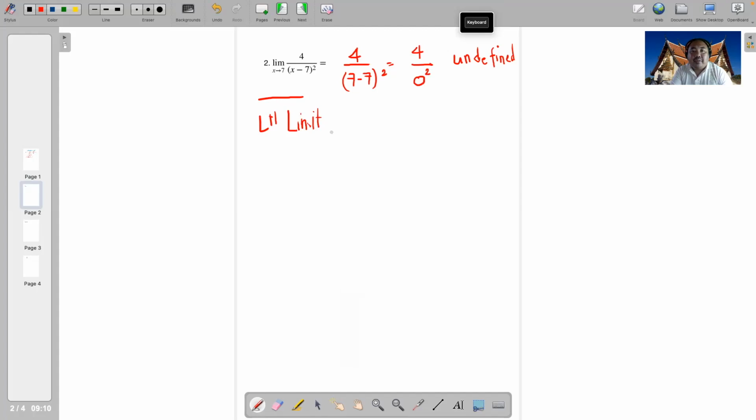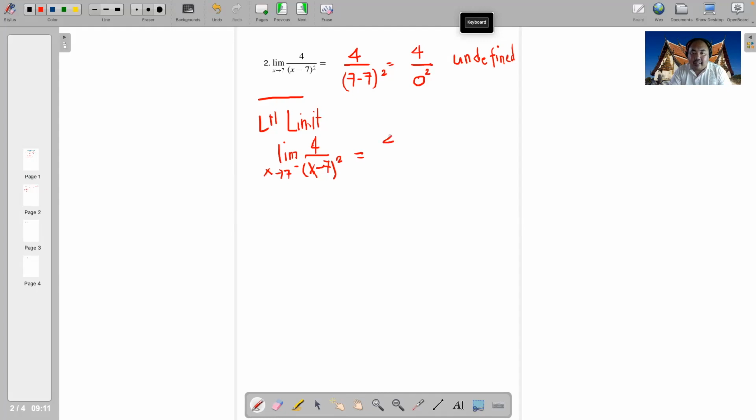All right, so we have the limit of 4 over x minus 7 squared as x approaches 7 from the left. Let's check that first. Limit of 4 over x minus 7 squared as x approaches 7 from the left.